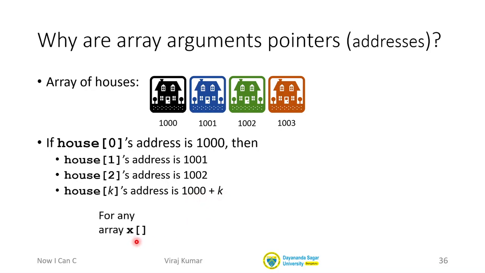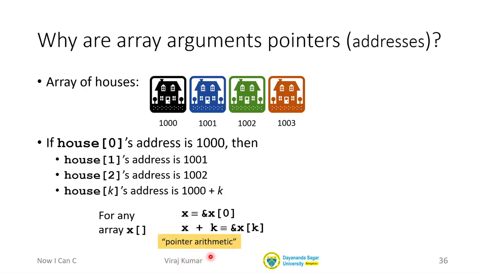We have already seen that in a C program, when you have an array, the name X of the array is just this base address. It's a pointer to the 0th element in the array. Now it turns out you can take that address and add any number k to it, and it will give you the address of the kth element of the array.